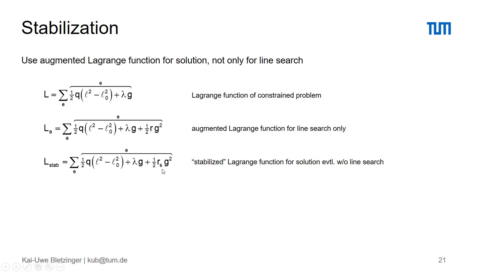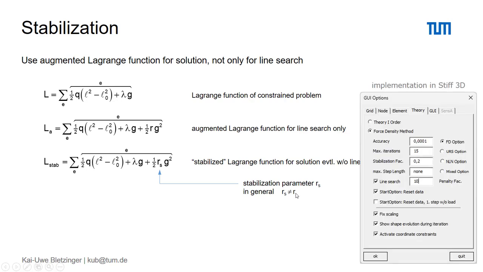This one for the stabilization of the original problem, which we call R sub S for stabilization, we add to the Lagrange function for the standard solution, so that we can distinguish between stabilization of the original problem and the function which we use for line search only.